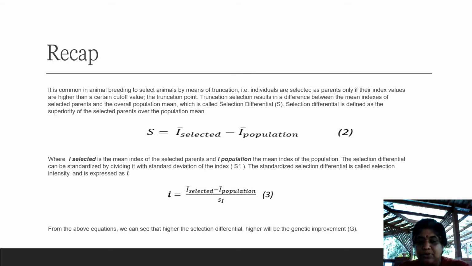So S equals I selected minus I population, where I selected is the mean index of the selected parents, and I population is the mean index of the population. The selection differential can be standardized by dividing it by the standard deviation of the index. The standardized selection differential is called selection intensity and is expressed as i.